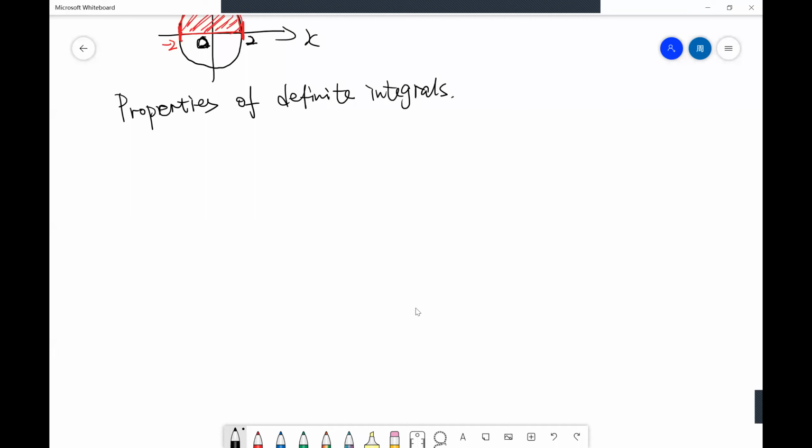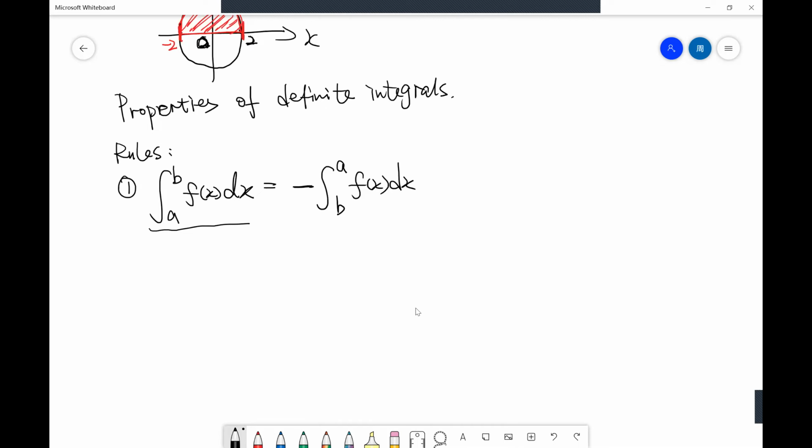So here, you should remember 2 rules first. The first, that is, from A to B, f(x) dx equals, if I change the places of the lower and upper limit, that means from B to A, with the same integrand, same dx, then this equals minus the original.